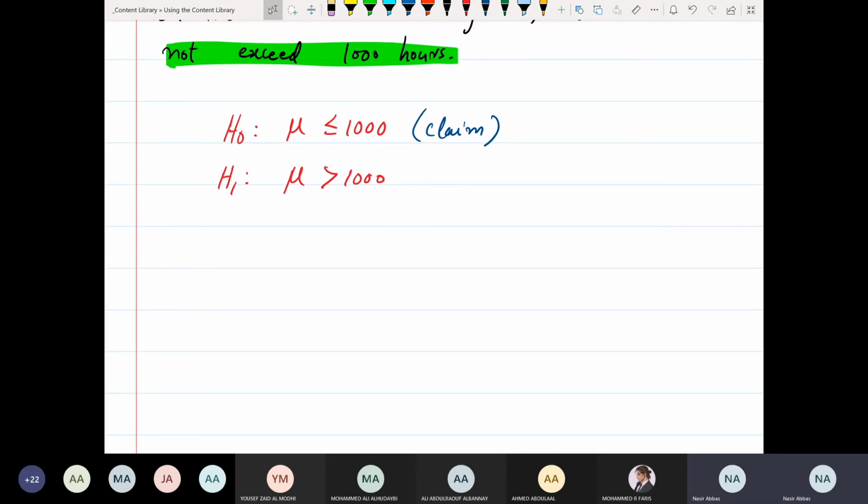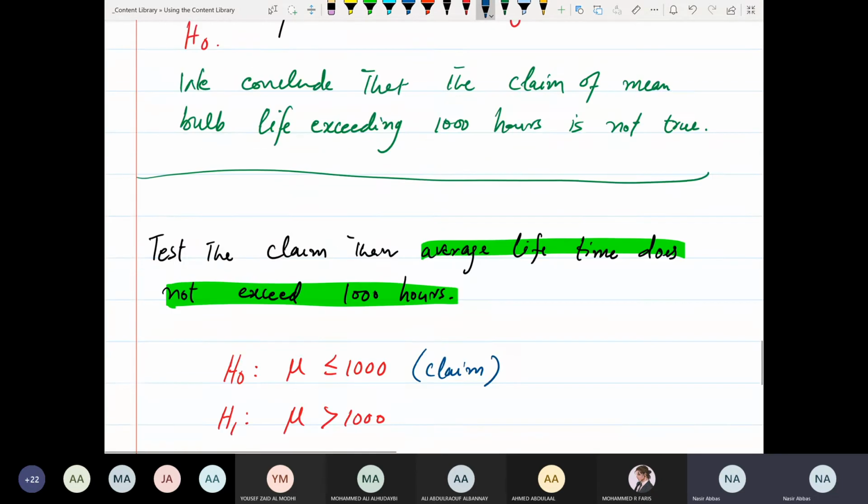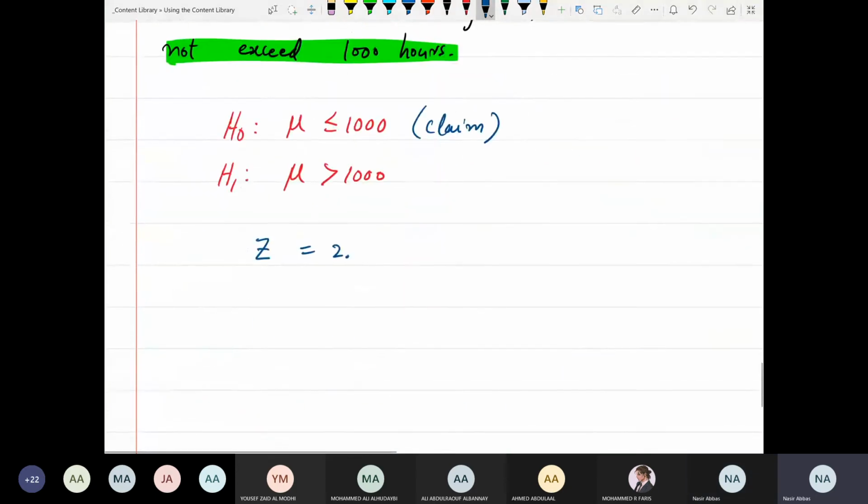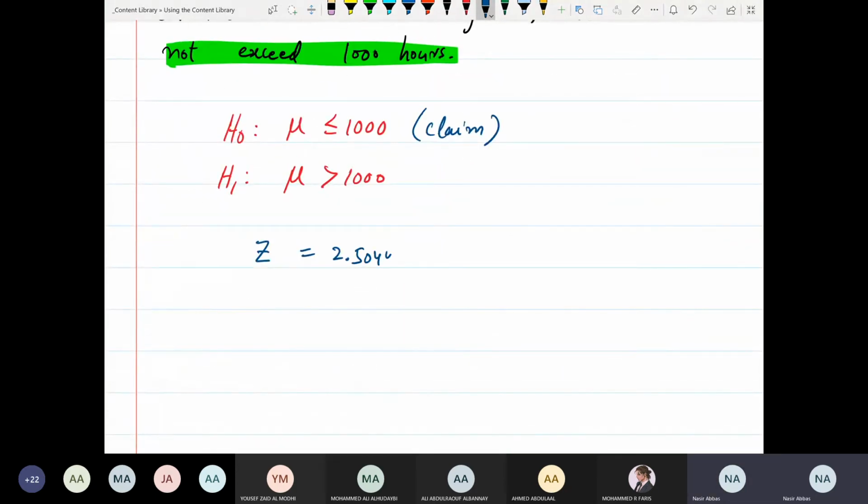Okay, assume you got the same data for this question and assume you got the same z, let's say 2.5044. Let us say I got x bar equals 1014. Your n was 20. Your sigma was 25.